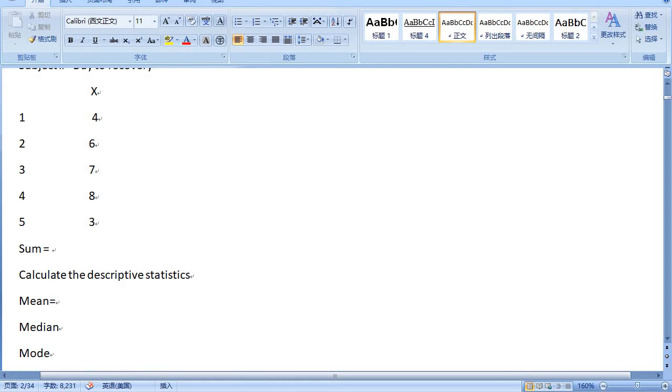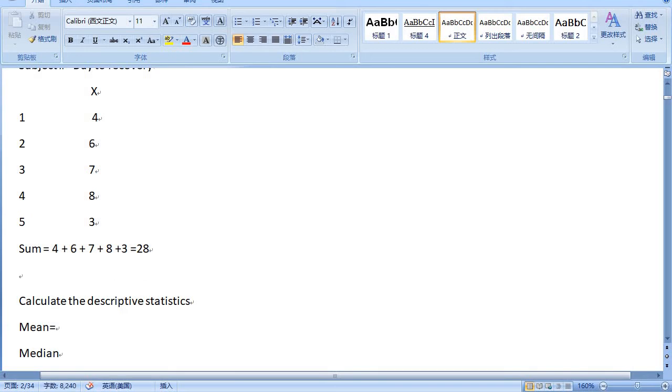So in this case, the sum of the group is you have a 4, you have a 6, 7, 8, and then you have a 3. Add them all up, that seems to be 28. 28 is the sum. And then the mean is the sum divided by how many people are in your group.